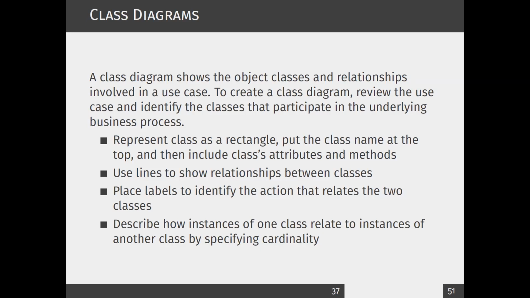Then you can put labels. So actions, that means how they relate two classes. And then also you can specify how instances of one class are related to instances of another class by specifying cardinality. That means you can specify whether it's a one-to-one, one-to-many, or many-to-many relationship.